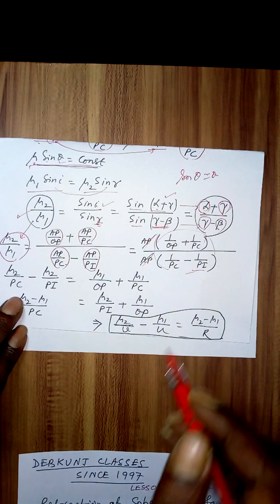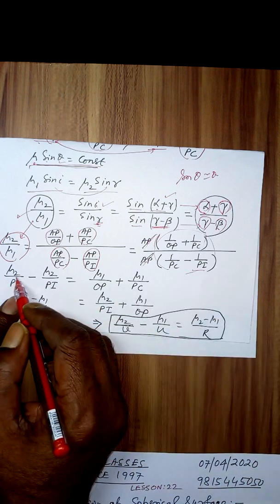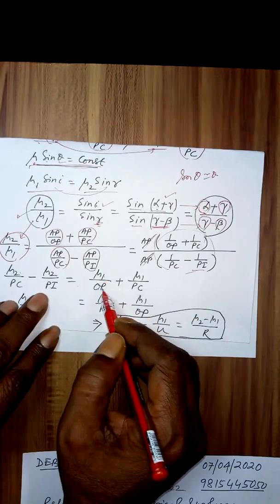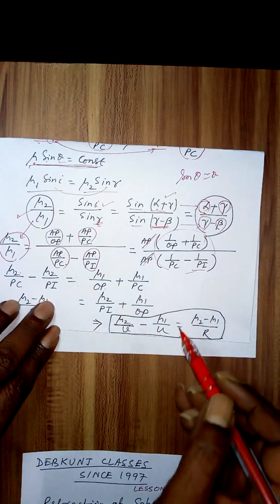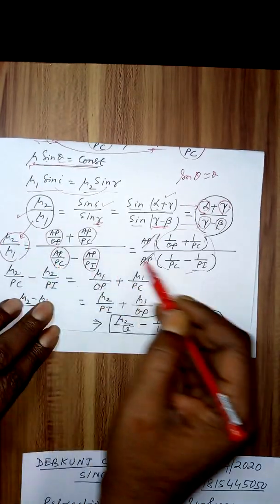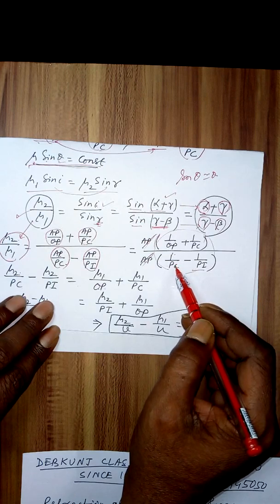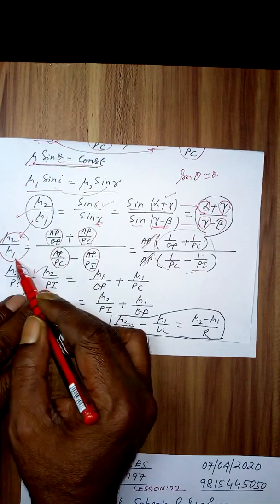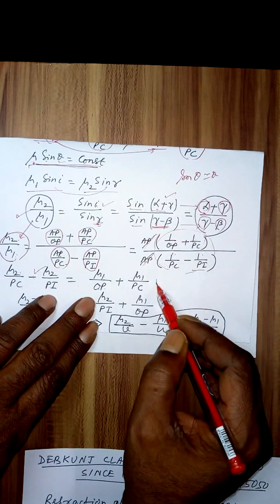Therefore mu2 by PC minus mu2 by PI is equal to mu1 by OP plus mu1 by PC. This is by multiplying this to this side and this to this side. Mu2 times 1 by PC, mu2 times 1 by PI, multiply this with this, mu1 by OP, mu1 by PC.